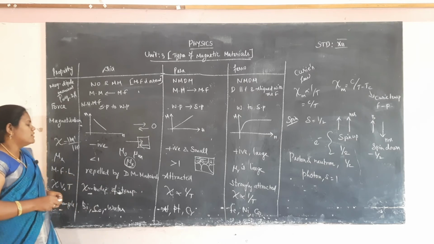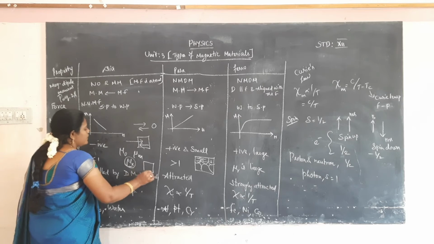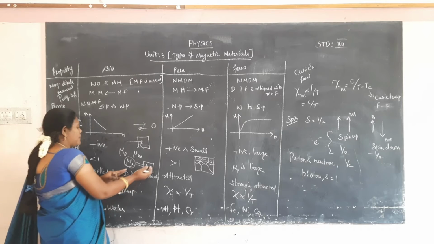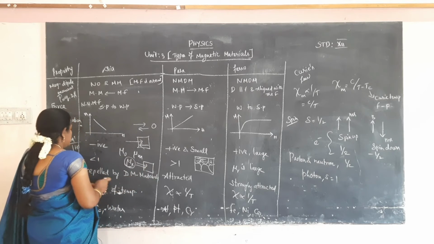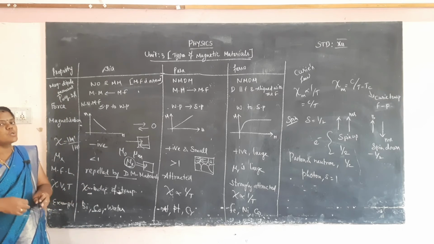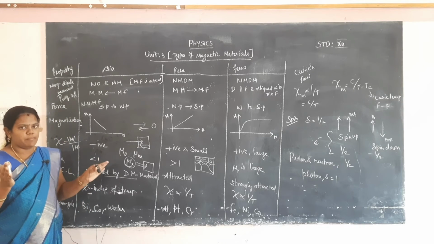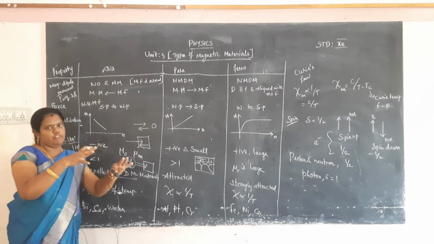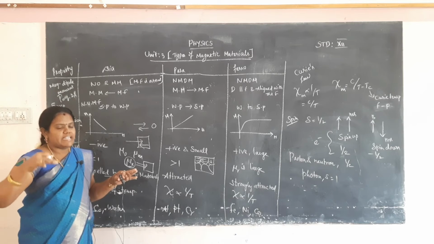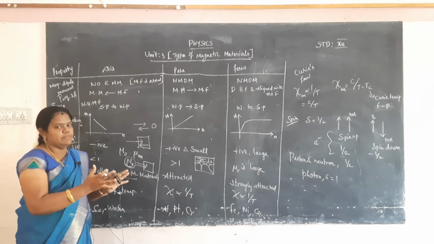We take one diamagnetic material and apply the magnetizing field on it, but the magnetic field lines will be repelled by the diamagnetic material.